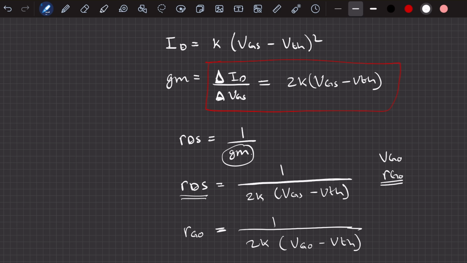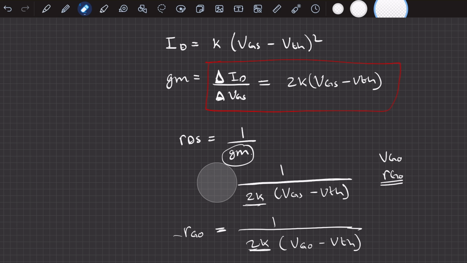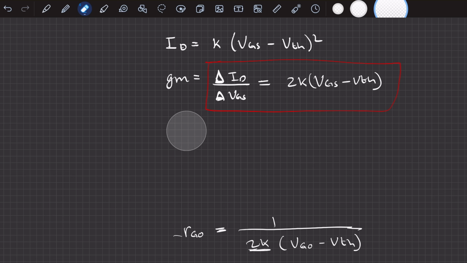Now what we need to do is rearrange these two equations to get 2K on the left-hand side by itself. Once we've done that, we can put the two equations together. So I'm going to show you for one of them, but not for both. So let's do RG0, and the other one is pretty much the same.